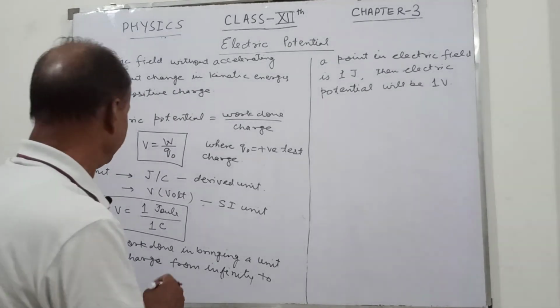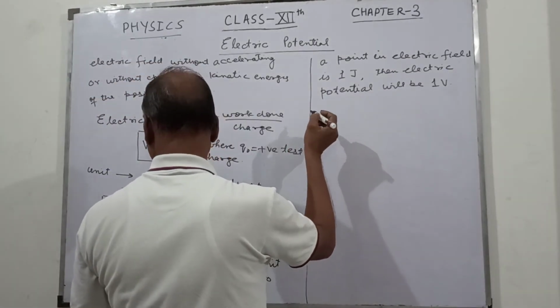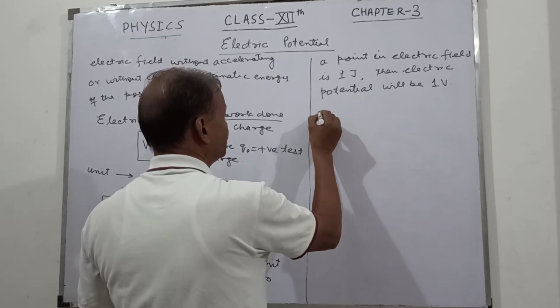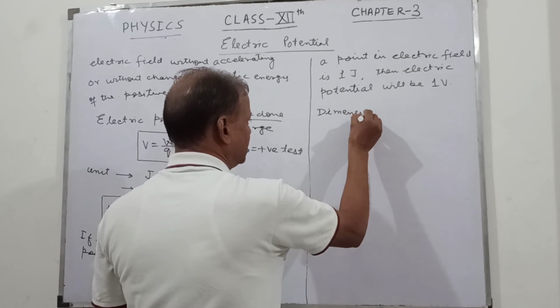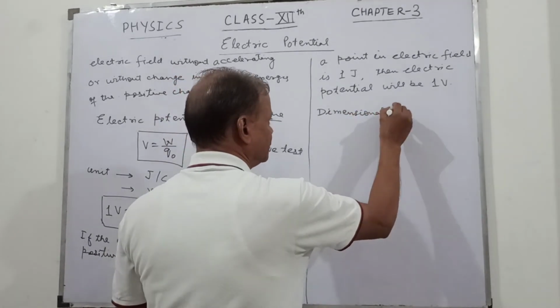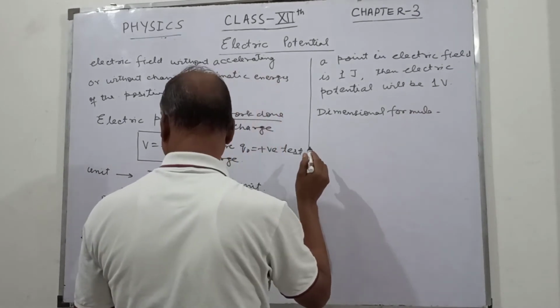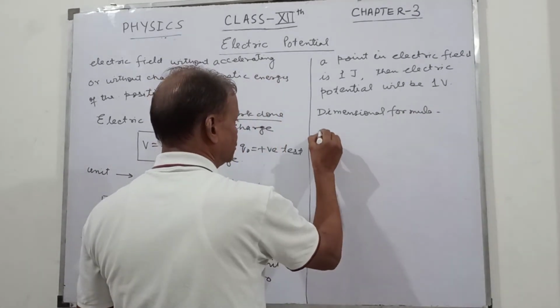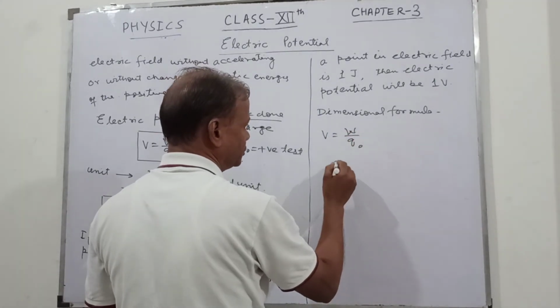So now we can have the dimensional formula. This V equal to W upon Q naught.